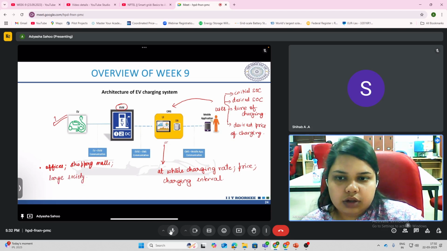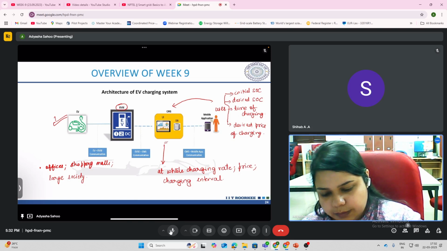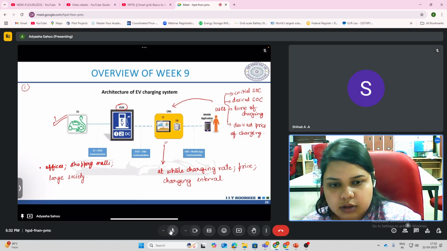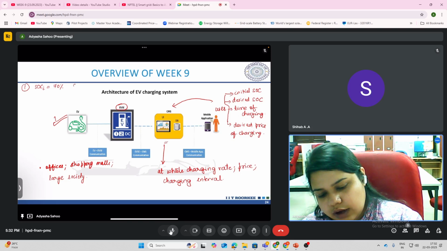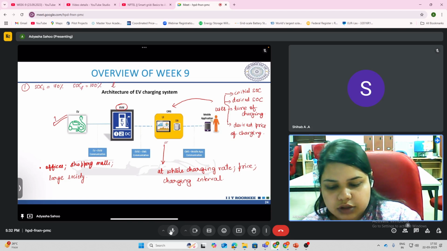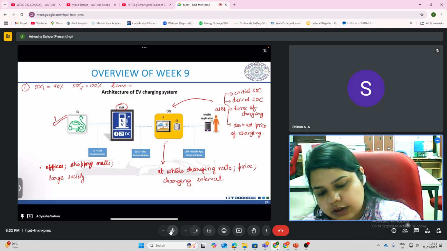So the benefit here is basically this. Let's say two cars have come for charging. For the first car, the initial SOC is 70% and the final desired SOC is 100%, and the time for which it is going to be parked, let's say, is 5 hours.